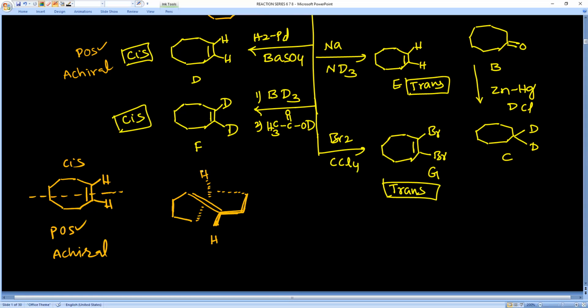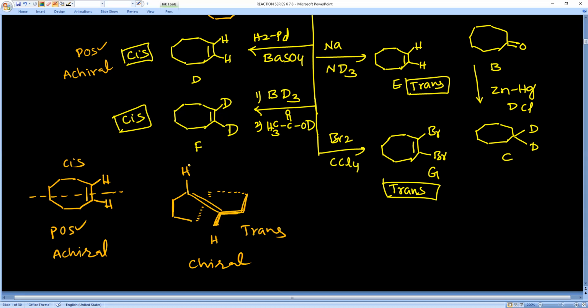Therefore, this is an optically active molecule. This is a chiral molecule. This is a trans molecule. The trans molecule is an optically active molecule. It has no plane of symmetry and center of symmetry. This is an optically active molecule.